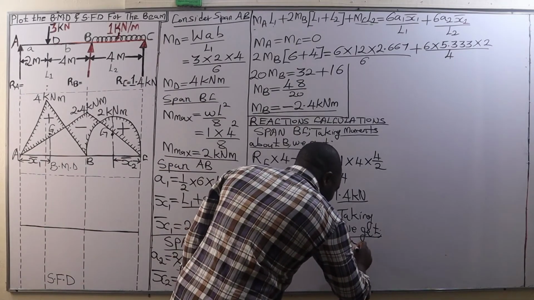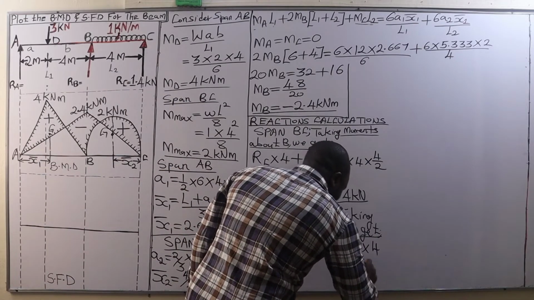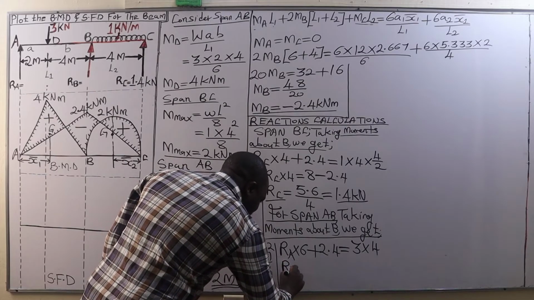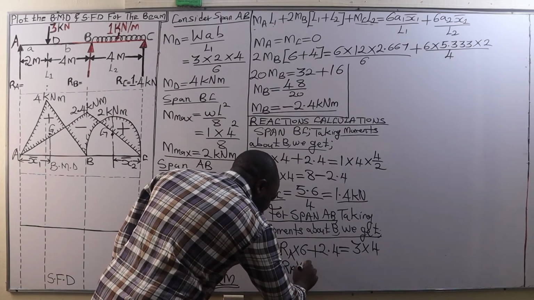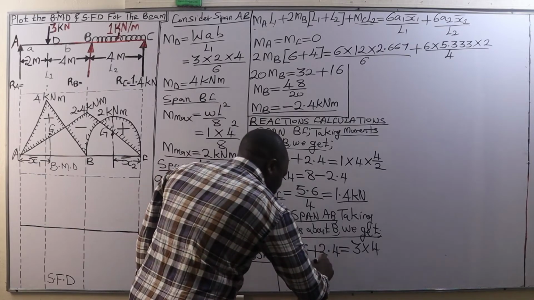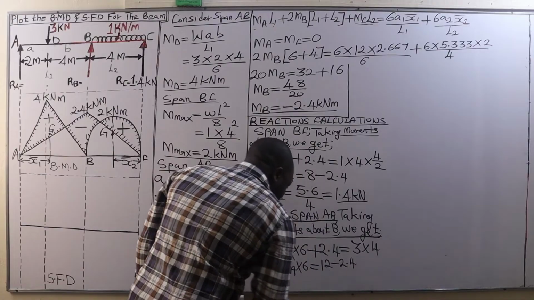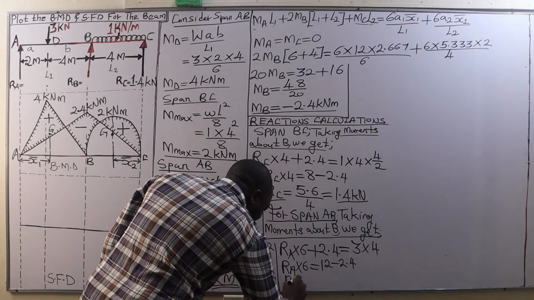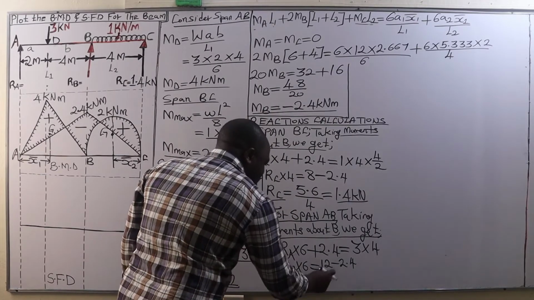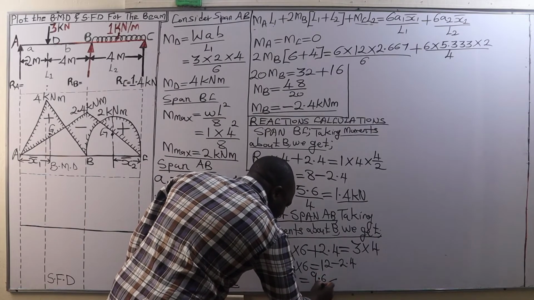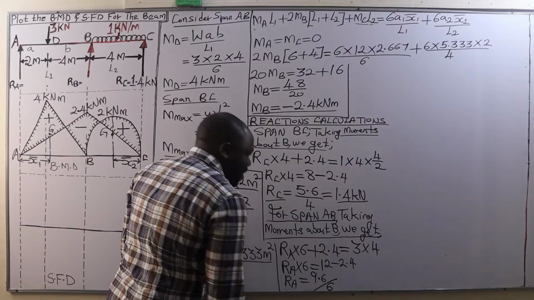Therefore, we got 3 times a distance of 4 meters. This is going to be equal to RA times 6, which will be 12 minus 2.4. And RA will be equal to 12 minus 2.4 is 9.6, and then we divide that by 6.